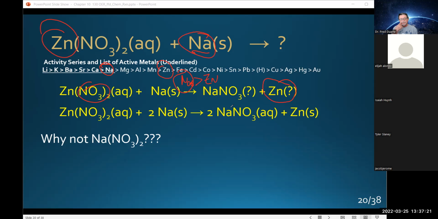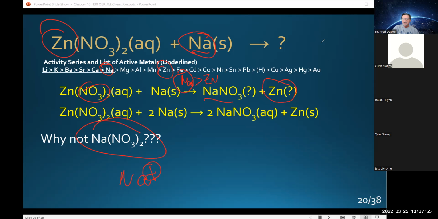For the new ionic compounds, write them out in ion form first so you can put them together properly. Then, if you have a lot of polyatomic ions, follow the polyatomic ions to help you balance the chemical reaction. Obviously the Na(NO3)2 formula can't be true because we know that sodium is a +1 ion. It's in group 1A, and that formula would imply that sodium is in group 2A, and that's not the case.